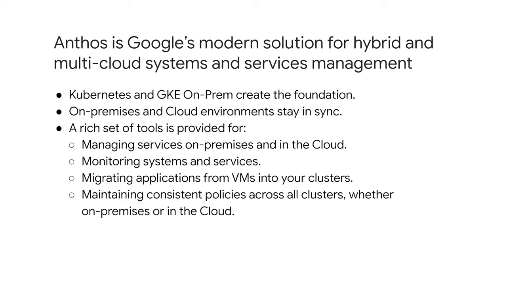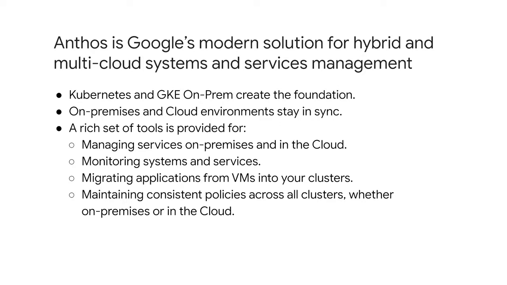You may have even heard discussions of Google's answer to modern hybrid and multi-cloud distributed systems and service management called Anthos. But what is Anthos? Anthos is a hybrid and multi-cloud solution powered by the latest innovations in distributed systems and service management software from Google.